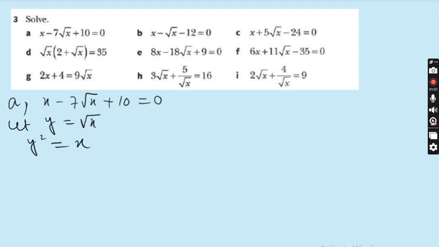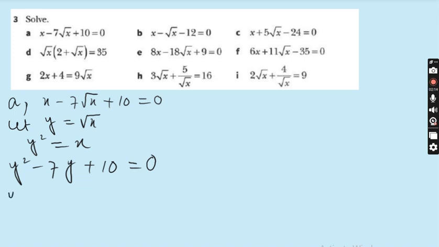Now replace: y square minus 7y plus 10 is equal to 0. This is a quadratic equation which can easily be solved by factorization, that is the middle term break method.